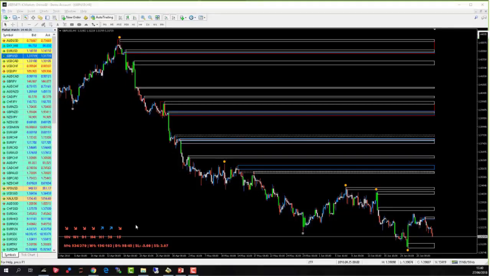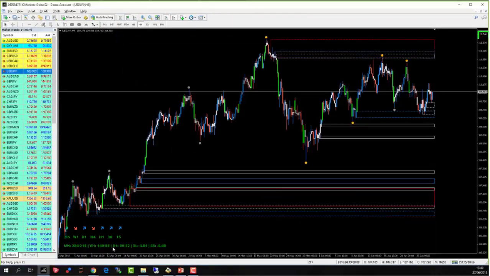And another thing, while I'm waiting for you guys to type in questions, notice that down here we have red. This dashboard is red. On this one, it's going to be green. And what does that mean? Well, that means that the interest rate swaps for this currency are going to pay returns if you are long the American dollar, Japanese yen.